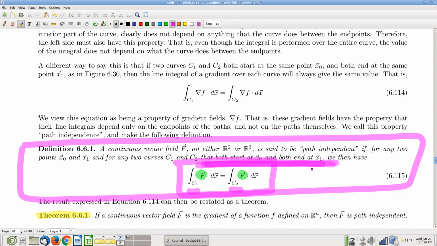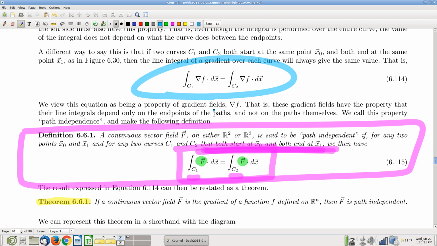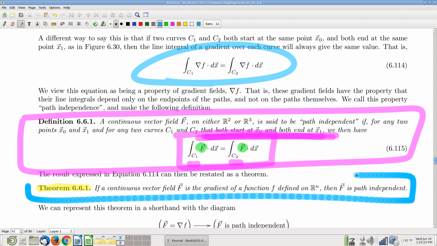Okay, so what we have up here, this is just the statement that gradients are all path independent. We have a gradient field, it's path independent. Because look, check it out. There it is. The gradient field has this feature that we're defining to be path independence. Okay. Everybody on board?